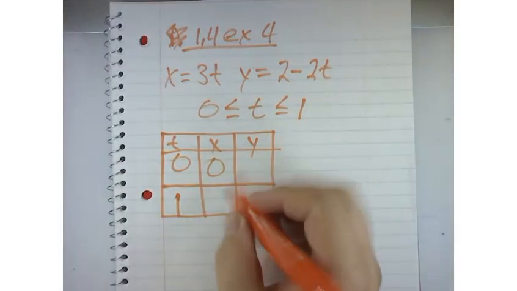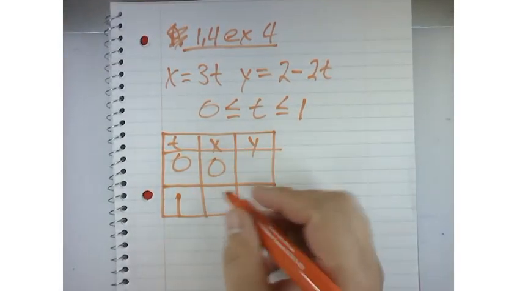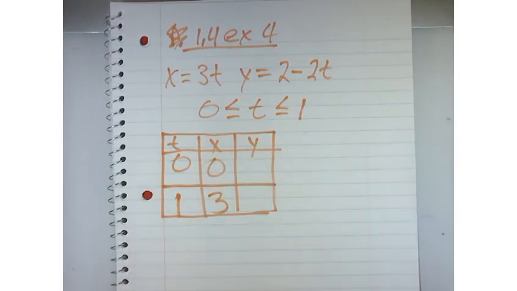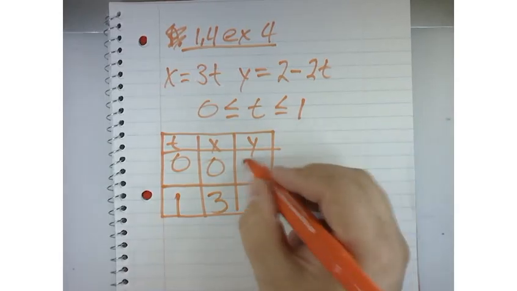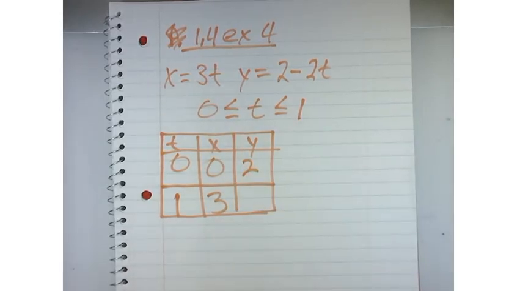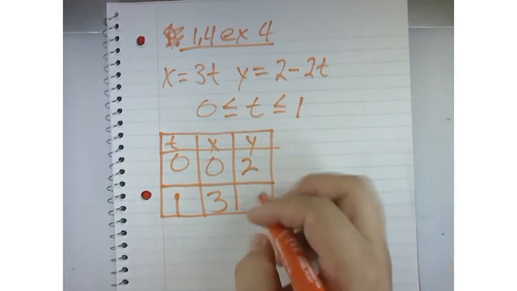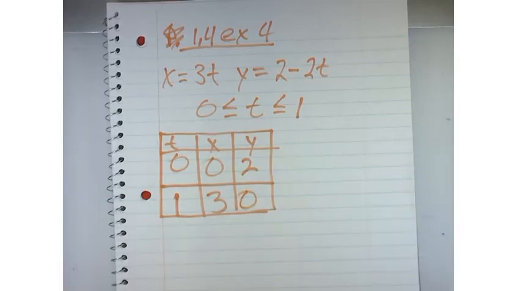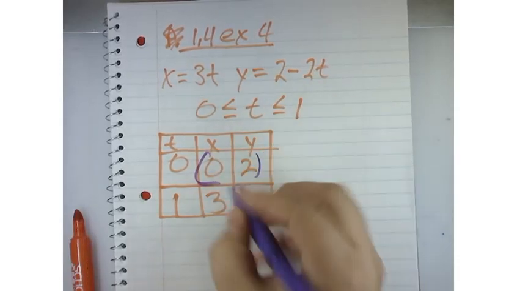For the next value, if I let t equal 1, then x will be 3 times 1, which is 3. Now if I do the same thing for y, I'm going to get 2 when t is 0. And for t equals 1, I'm going to get 2 minus 2, which is 0. I'm just double checking that. And so I have 2 points: 0, 2, and 3, 0.